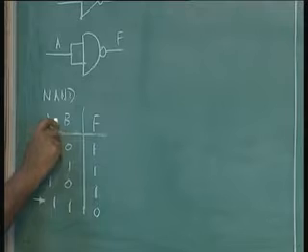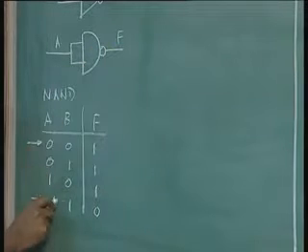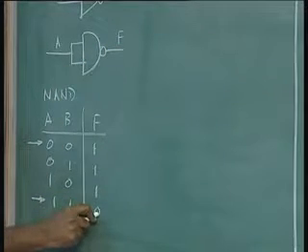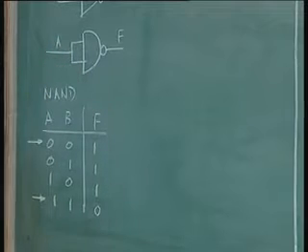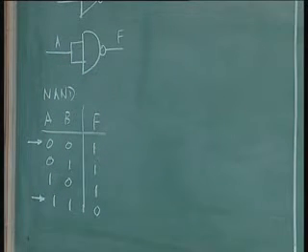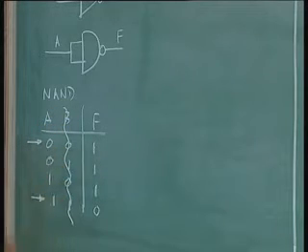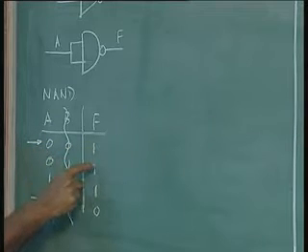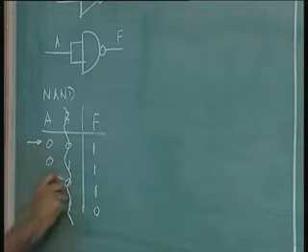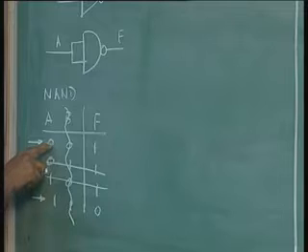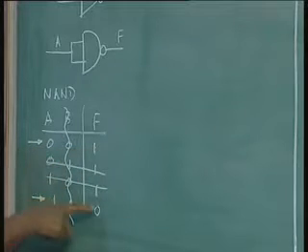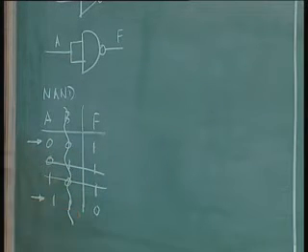That means if A is 0, the output is 1. If both are 1, the output is 0. Correct? So a NAND gate with both inputs tied together is an inverter. So I don't even need the other rows. A is 0, output is 1; A is 1, output is 0. This is the inverter combination. So NAND as an inverter.